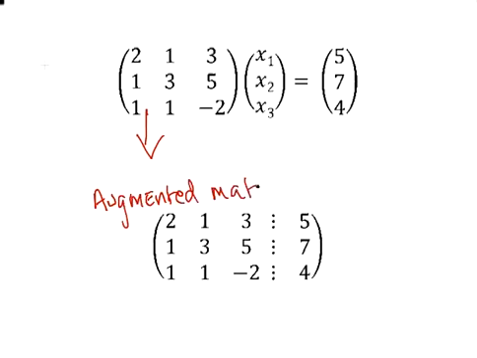So up on top here we have A, X, and B. And here you can see we have A and B, and we've joined them together. Now just to make the distinction between which parts are which, we would generally write some dots in between the two components of the augmented matrix to specify what came from where. And anyway, that is our augmented matrix.